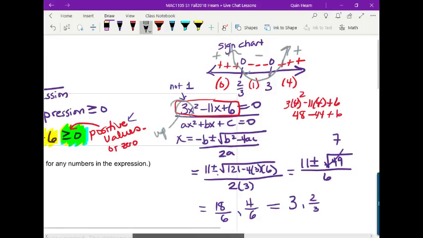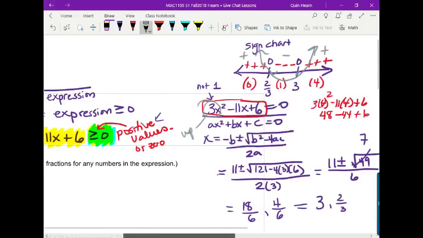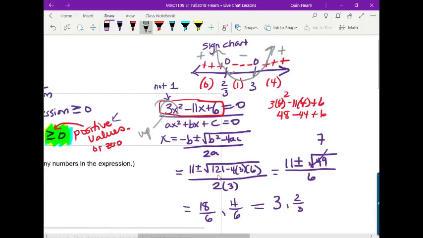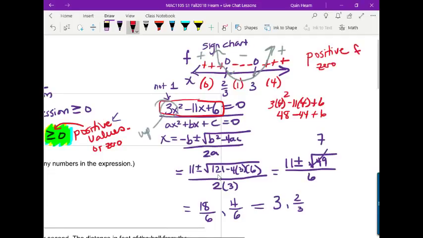Okay, so now we have a sign chart. We can literally read our answer. Remember, our answer has to do with any x values where the function f, we want x values are on the bottom and the function values or y values are on the top. We want to know any x values that make us have a positive or 0 for our function f.